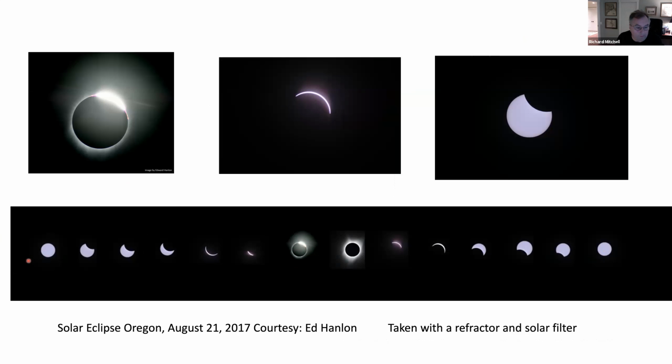You can see the series going right through from partial to the solar beads, total eclipse, and then back to the end of the eclipse. These were taken in Oregon with his reflector and solar filter.